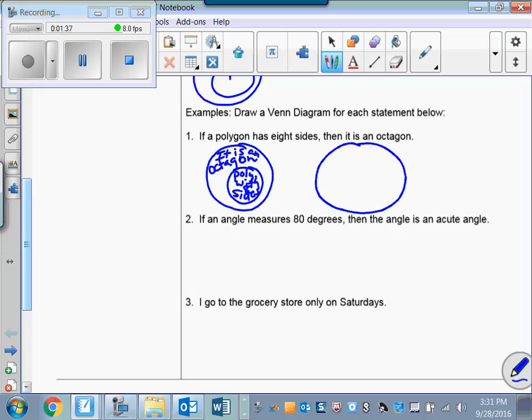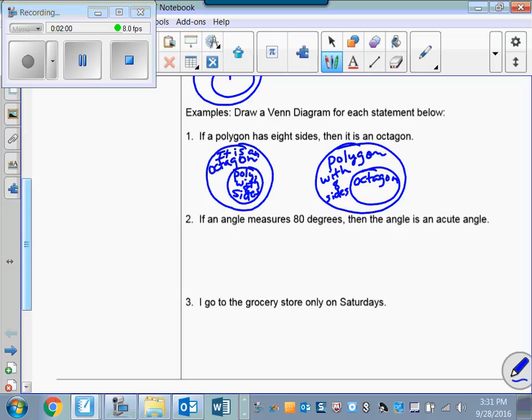Which means the converse and conditional are true, and therefore I could write it as a biconditional. So I think I could have put octagon here and polygon with 8 sides here, because those are really the same thing.